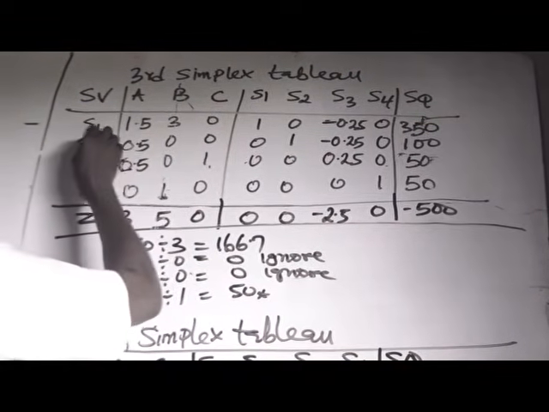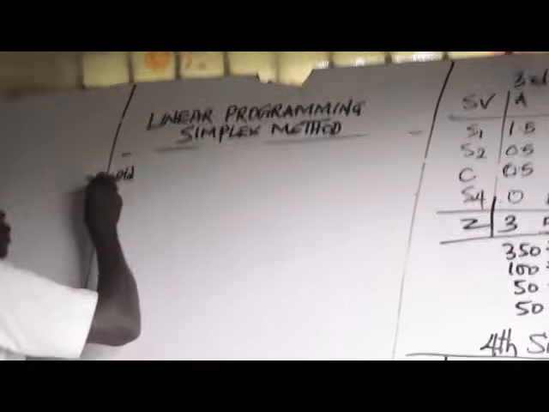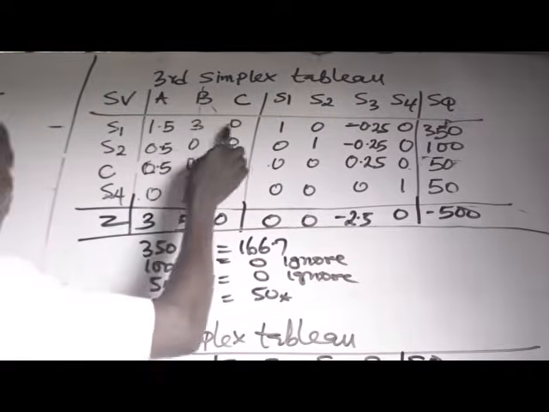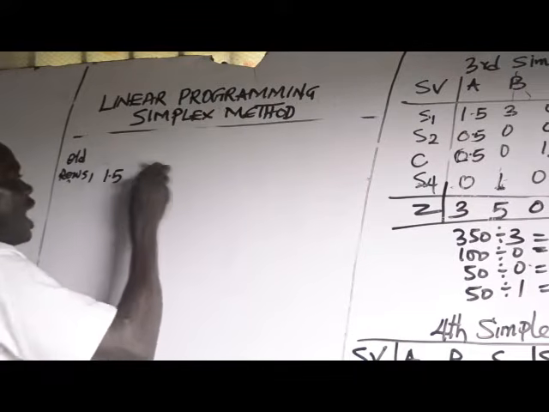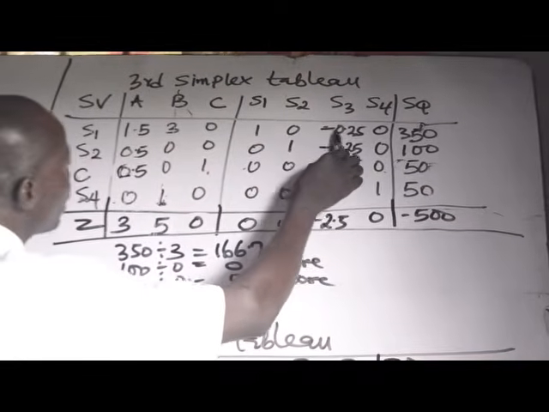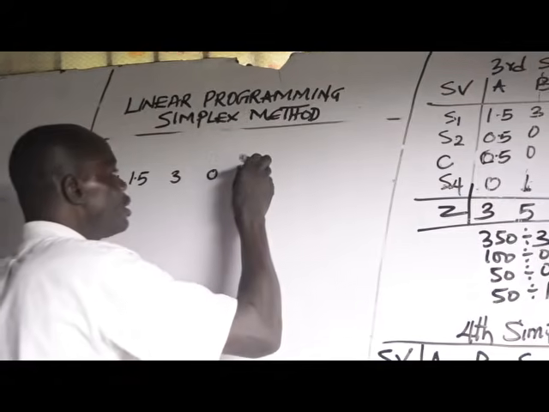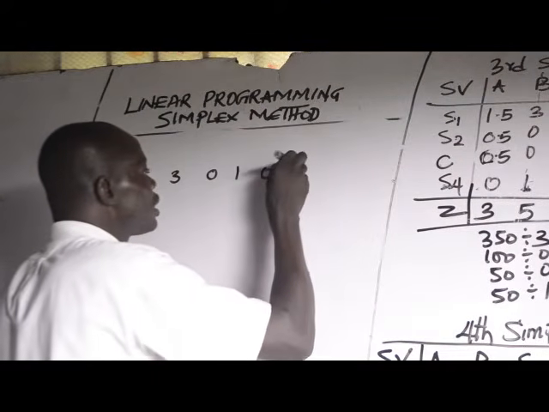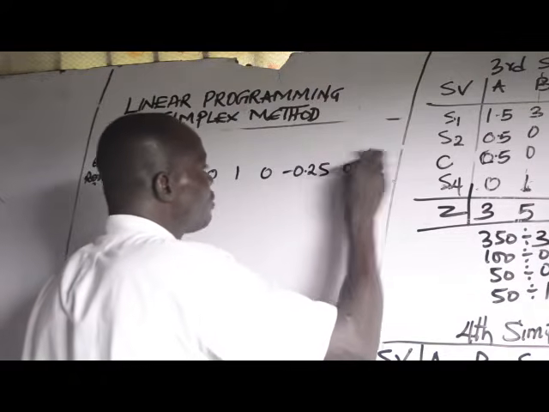Our old row S1, we have 1.5, 3, 0, 1, 0, minus 0.25, 0, and 350.